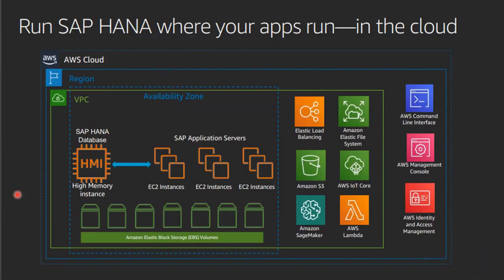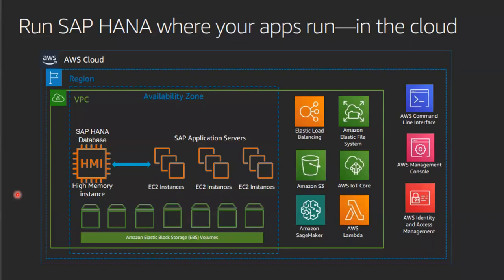On top of it, you can also integrate your SAP workload with other AWS services. For example, with S3 for backup storage, you can use Elastic File System to present a shared drive for your SAP instances, application servers, and you can also do load balancing.